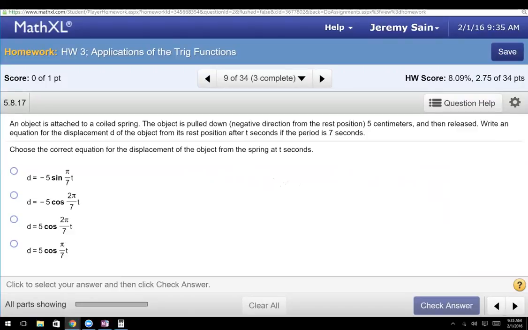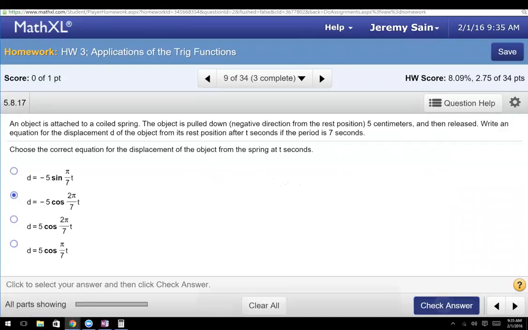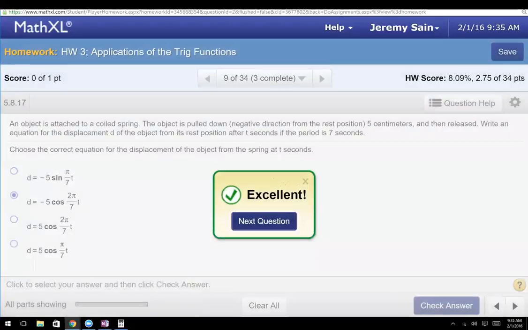If I want to start at the bottom, I'm starting at -1. So instead of cosine, I actually want negative cosine, right? So it'd be negative cosine and then the 2 pi over 7 guy.